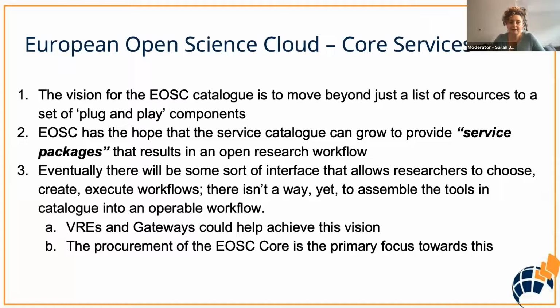So the vision for EOSC: we do have a catalogue of services, but that's not sufficient. We need to move beyond that catalogue to develop all the different components so it's easy for people to integrate what they need. And the idea is that we'll grow to this level of having service packages.